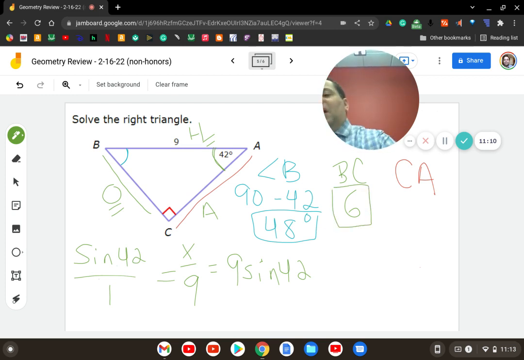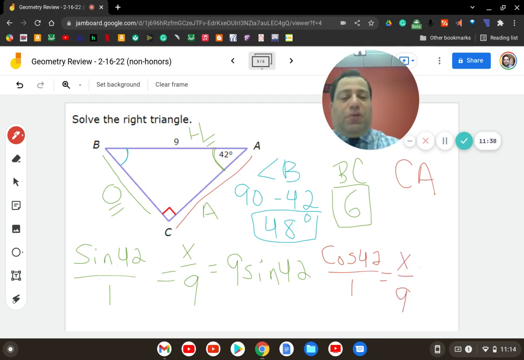Let's find our third side. Once again, from angle 42, I can see that CA is the adjacent side, and I know the hypotenuse. In this case, I'm going to use the cosine of 42. It's still going to be equal to x over 9.